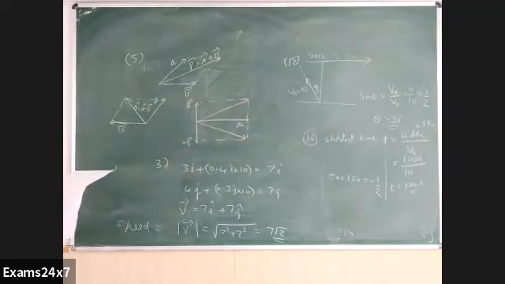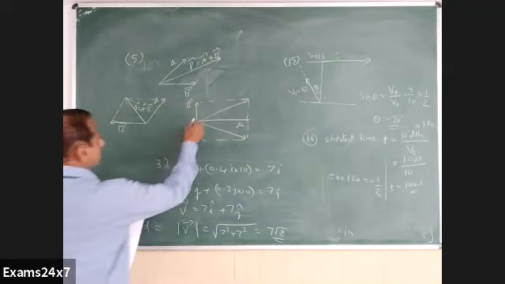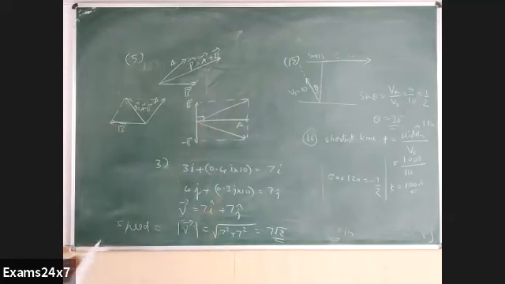The vector minus B is opposite to B, as well as the diagonal will be same in both the cases for one direction of B and reverse direction of B. So what is the condition required? When the two vectors A and B are, what is the angle between them? Perpendicular to each other, only then we can have vector A plus B equal to vector A minus B. So answer is option C.